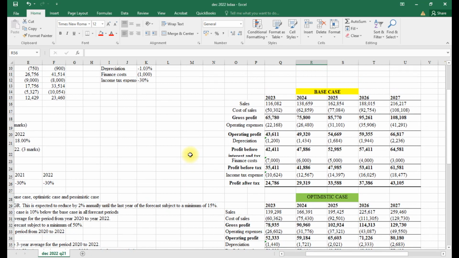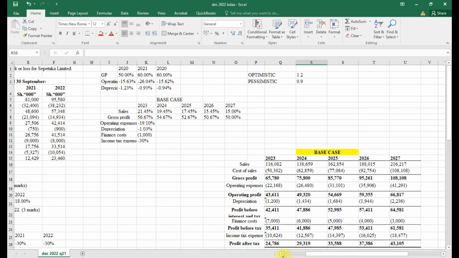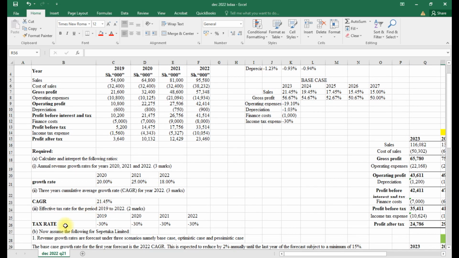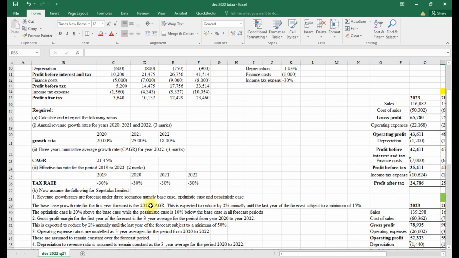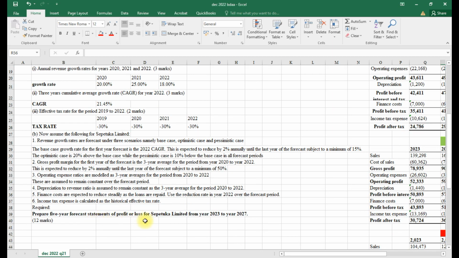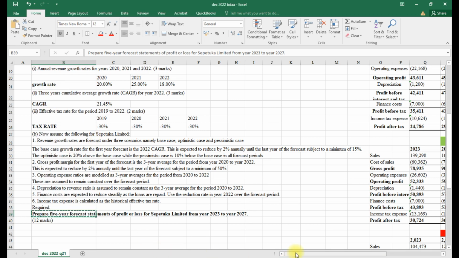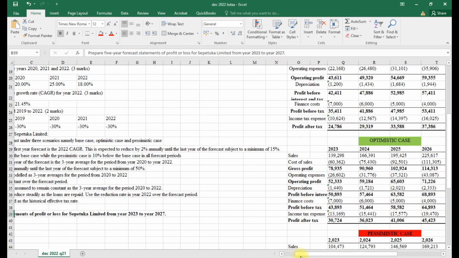And for December 2022, remember we're doing the revision. It was this one for Sepetuka Limited. We have calculated the growth rate, we have calculated the CAGR, we have calculated the effective tax rate, and we have been able to do the second part of the question, where we have to prepare a 5-year forecast for Sepetuka Limited. So it was a 5-year forecast.